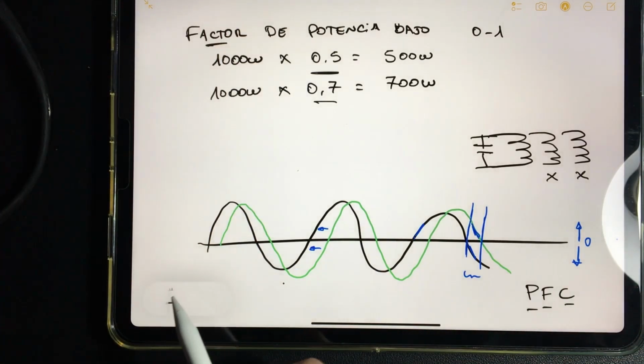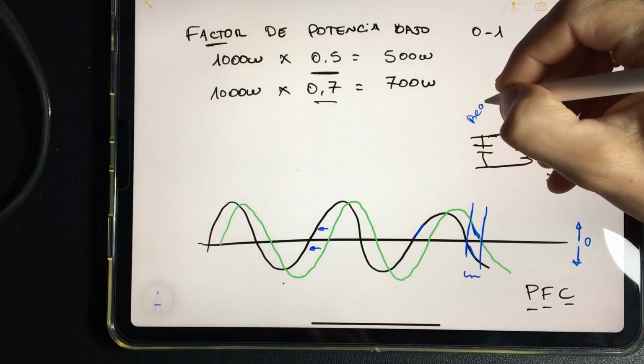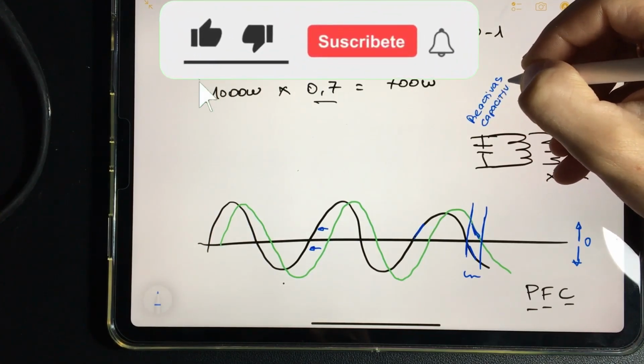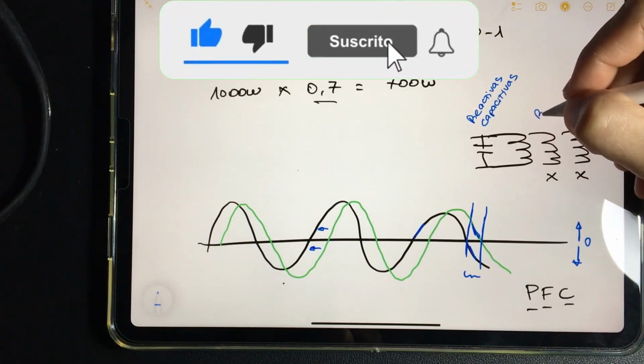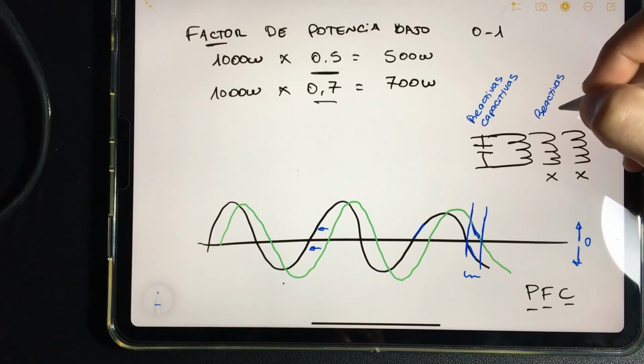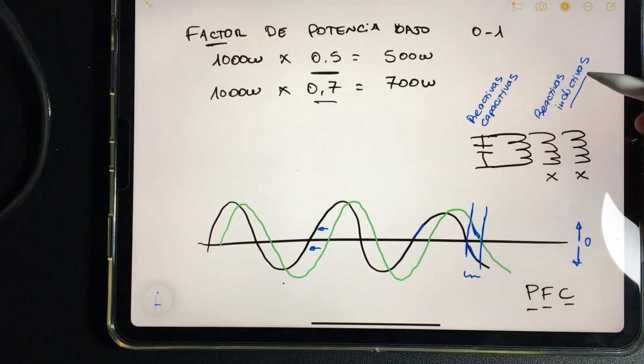The capacitors are capacitive reactive loads, and coils are inductive reactive loads. If I have inductive loads, I have to place capacitive ones.